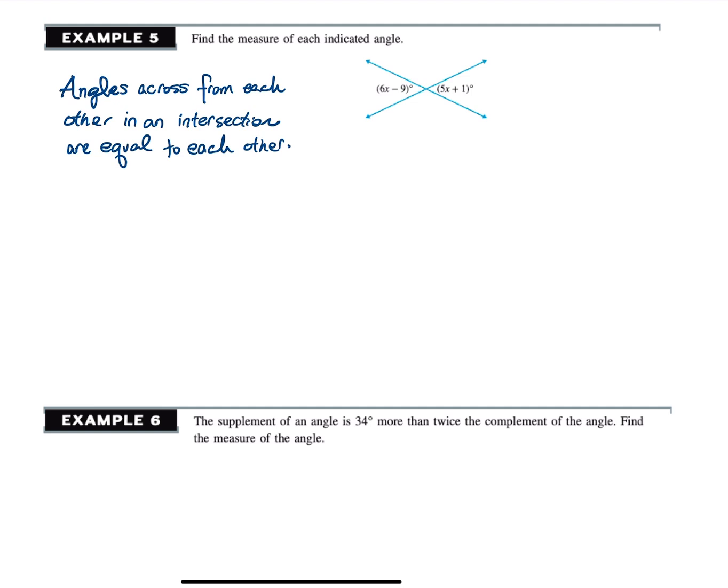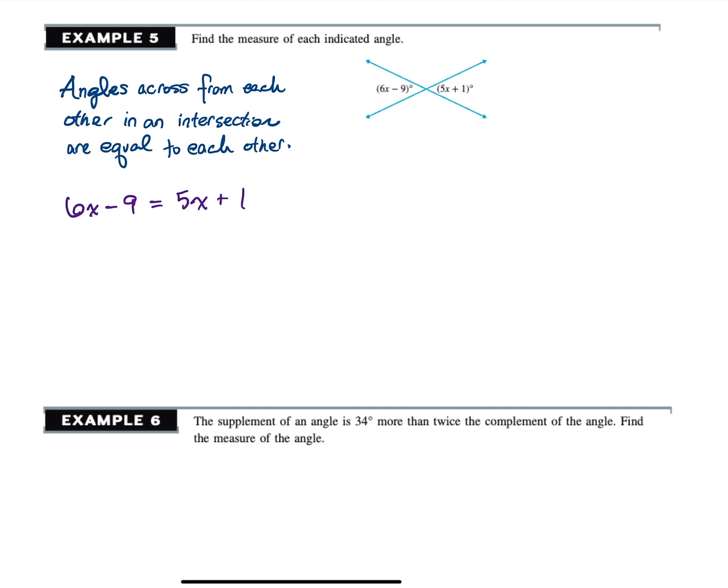So we can just set them equal and create a little equation. We have the angle on the left, 6x minus 9, should be equal to the angle on the right, 5x plus 1. So let's solve for x. I'll move this 5x over.